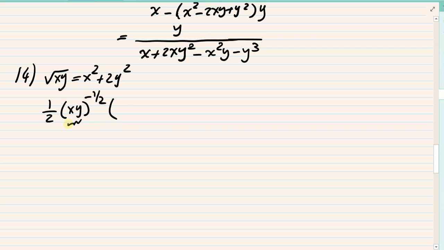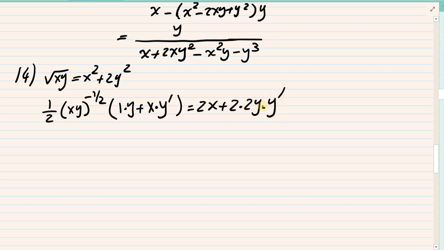And then we've got to do the derivative of the inside, chain rule. The derivative inside is a product, so we go derivative of first times second plus first times derivative of second. That's just the derivative of the left side. And the right side, derivative of x squared is 2x, derivative of y squared is 2y, and then y prime.